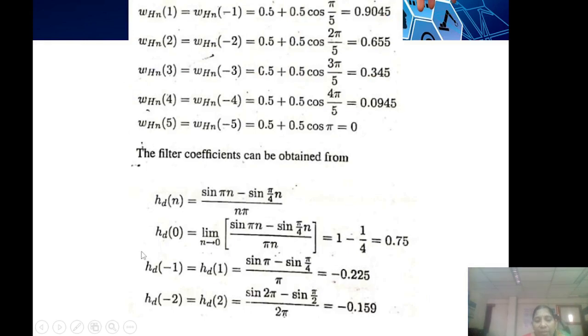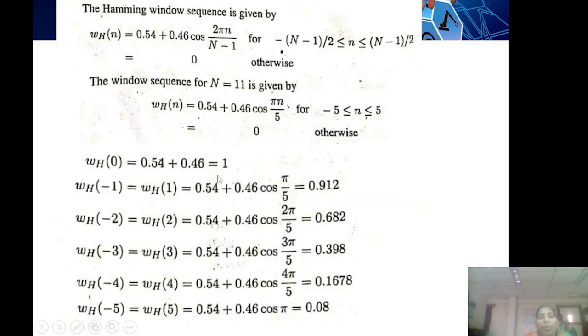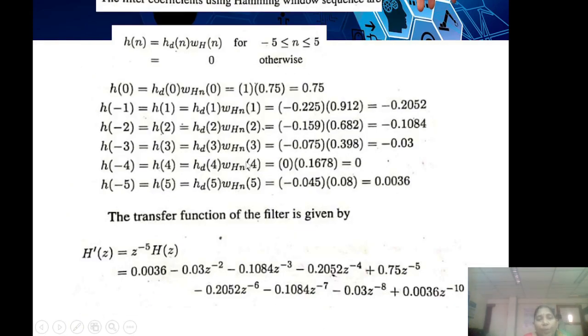So we just multiply the HD of n expression with this WH of n. You will be getting H of 0 as 0.75, H of 1 as minus 0.2052, H of 2 is minus 0.1084, H of 3 is minus 0.03, H of 4 is 0, H of 5 is 0.0036.